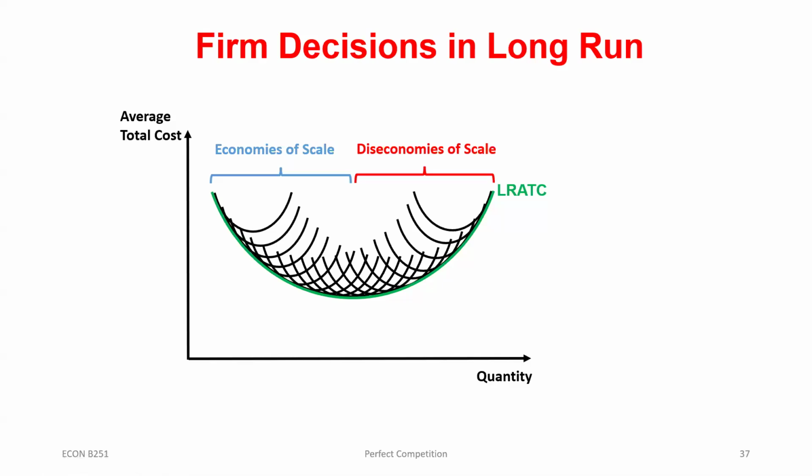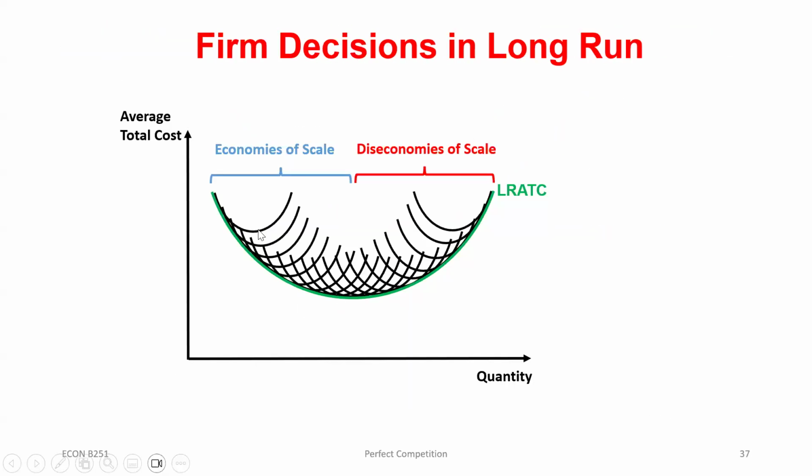Now, usually I think the example I gave before makes a lot of sense. To produce more units, I might, to lower my cost, move to larger production facilities where my production process can be more efficient. Right? So initially, as I'm increasing the size of my production facility, what am I enjoying here? Well, if I'm changing this fixed factor of production and I'm moving to lower average total cost curves in the short run, I must be experiencing economies of scale, right?